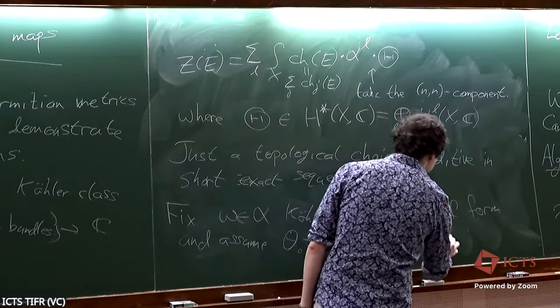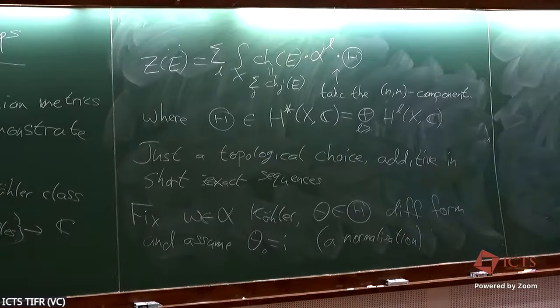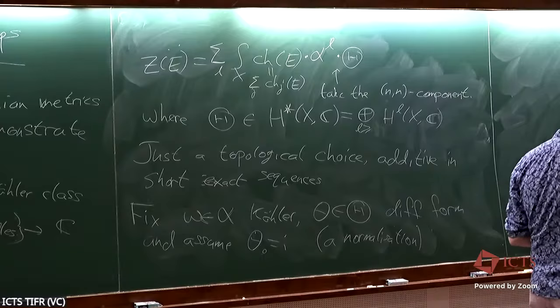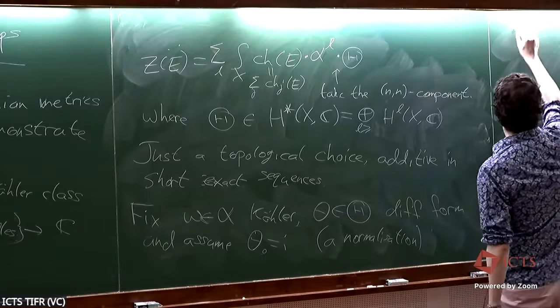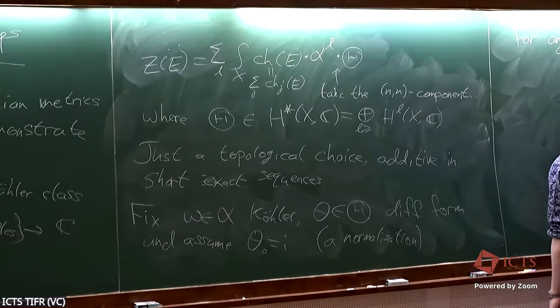I'll actually do the most naive thing, which already works, which is to use Chern-Weil theory to define the PDE. Okay, so once I choose a Hermitian metric, so for any H, a Hermitian metric on E, we get curvature.